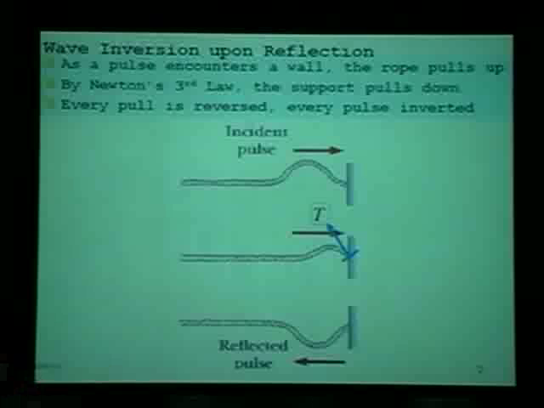According to Physics 1, Newton's third law says that for every action there's an equal and opposite reaction. As the string is pulling on the wall with this tension in one direction, the support is pulling back with an equal and opposite force.